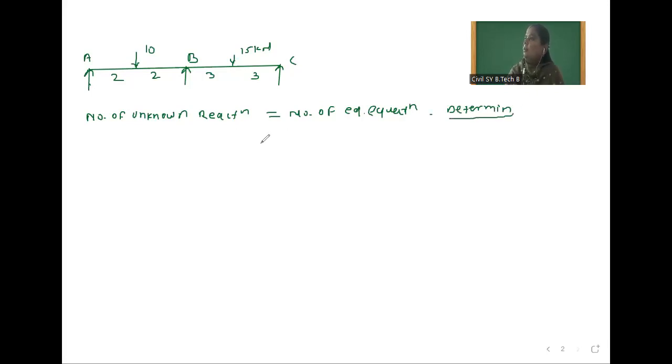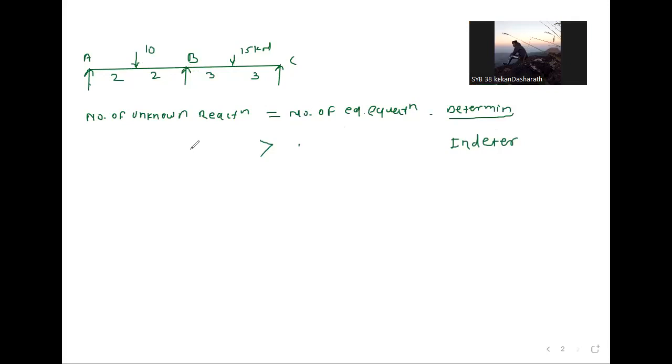If the number of reactions is greater than the number of equations, then this structure is an indeterminate structure. Now you tell me, how many reactions are there here? 3 reactions are there, and how many equations are available with you? For this particular figure, how many equations are available? 2 equations are available.